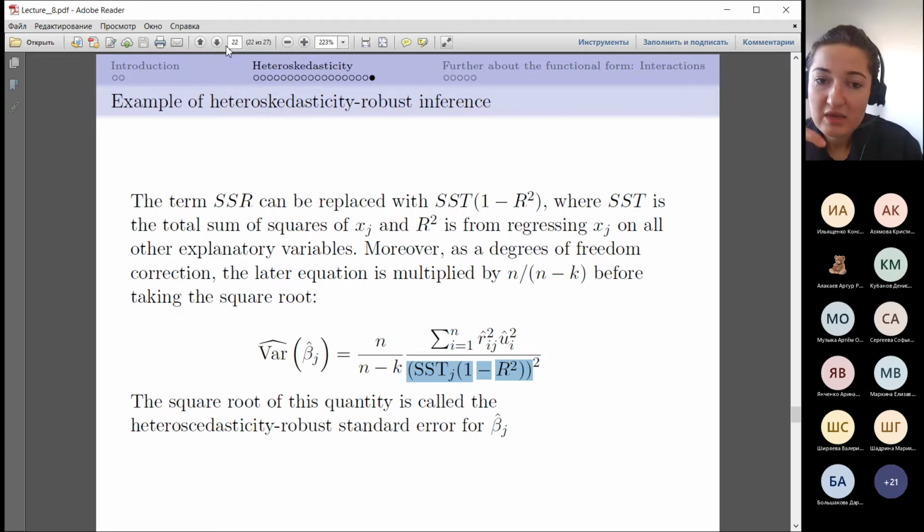With a small sample size, the robust t-statistic can have distributions that are not very close to the real t-distribution, and that could throw off your inference and conclusions about the statistical significance.